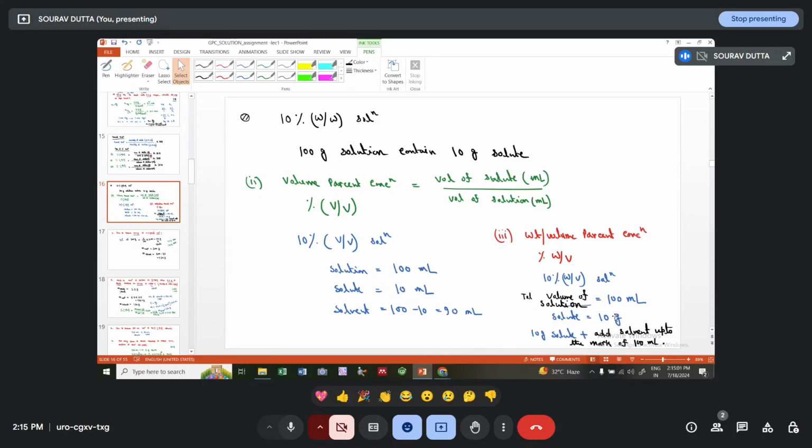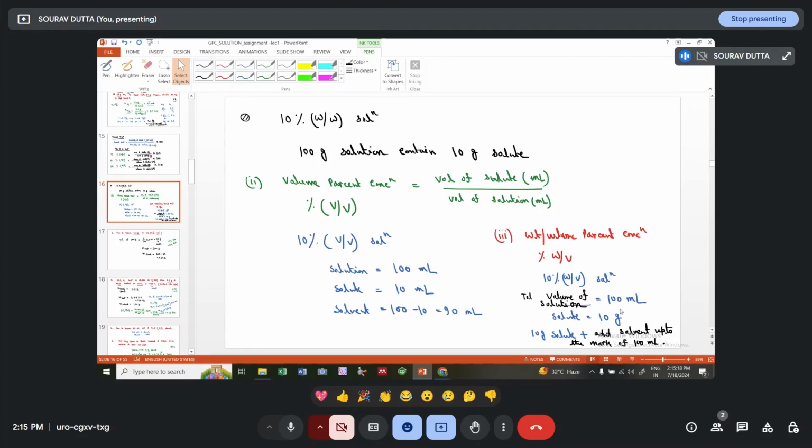If you take 10 gram of solute, then 100 ml solvent is added to it, this solution will not be 10% W by V. There will be some error because this 10 gram solute must contain some volume.